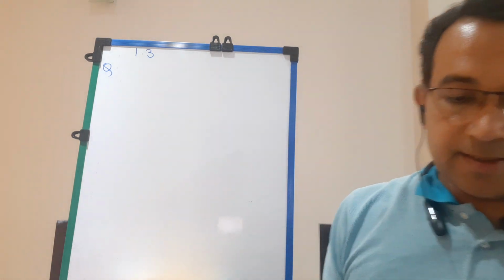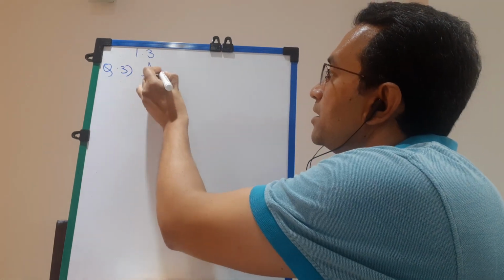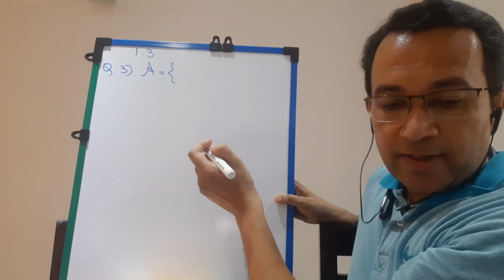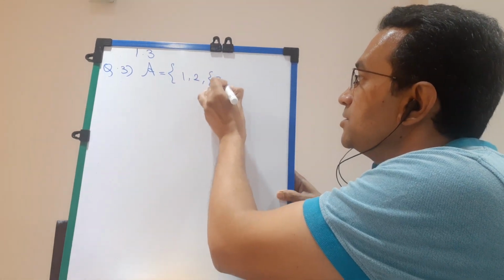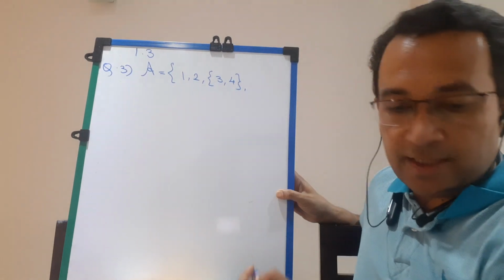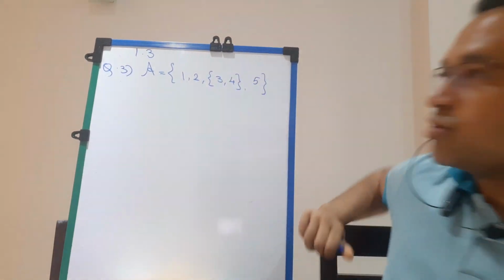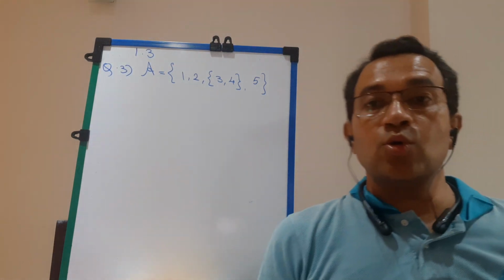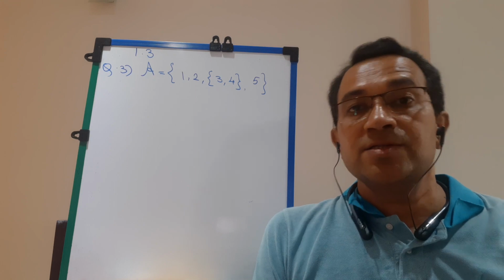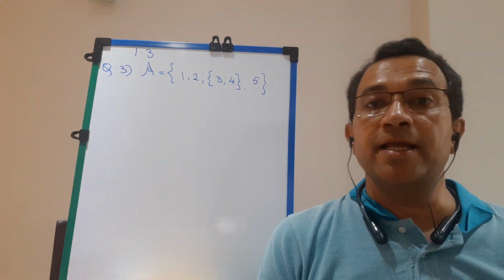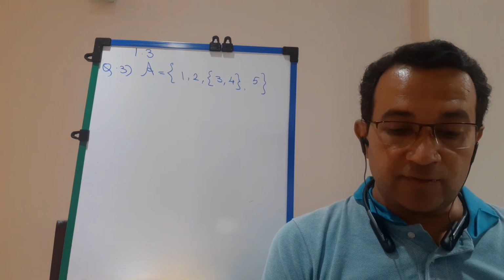Now set A. Be careful about set A. Set A consists of elements 1, 2. Then set 3, 4 is an element of set A and 5. So mind you, only 3 or only 4 students are not elements of set A. Set 3, 4 together is an element of set A. So one has to be very careful.